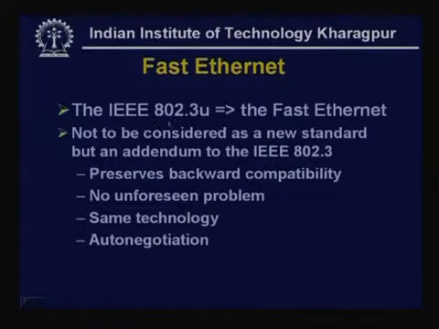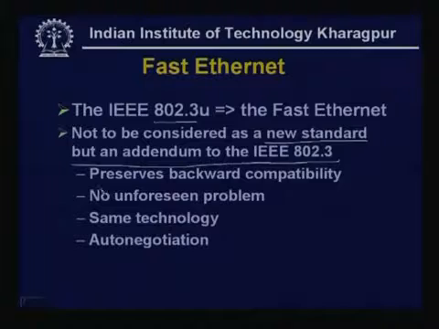IEEE 802.3u, the standard used for fast Ethernet, was not considered a new standard, but an addendum to IEEE 802.3. That means people considered it an extension of IEEE 802.3, not a new standard. The frame format has been kept the same, and the minimum and maximum lengths used in Ethernet have been kept the same.